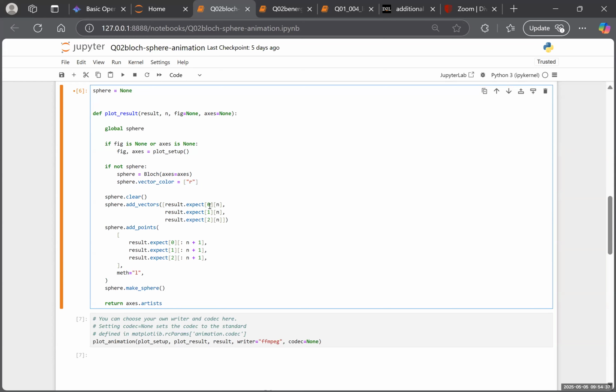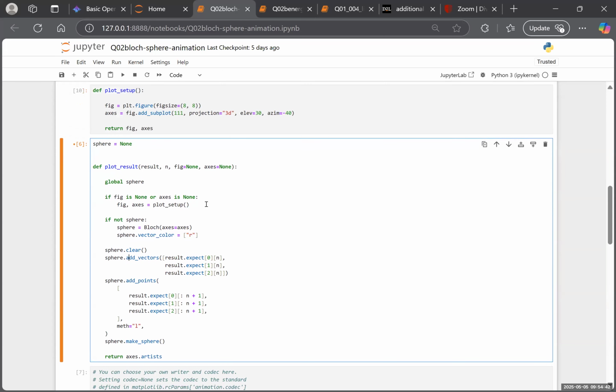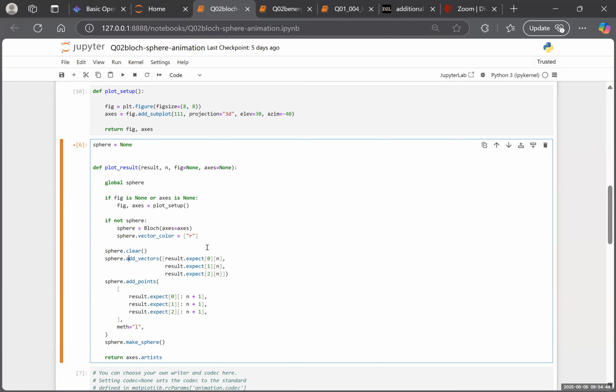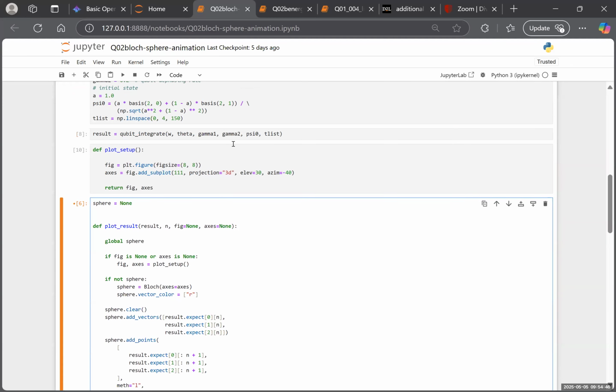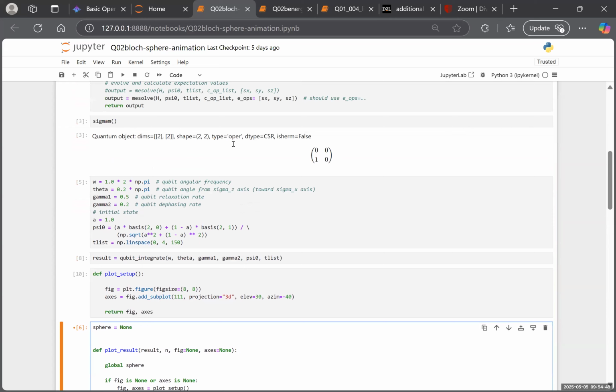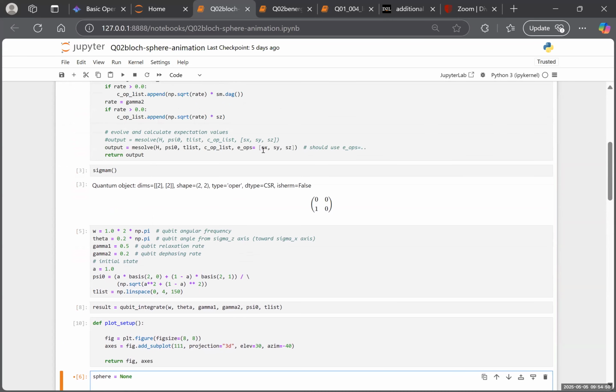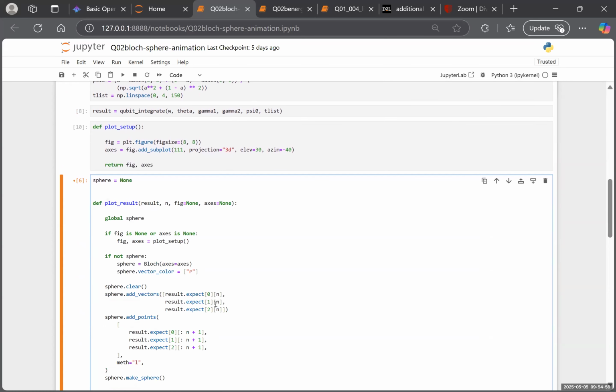So this is the expectation value that we have, right? So we have a list of C up. So 0 is sigma x, 1 is sigma y, 2 is sigma z. Okay. As different n's are the different time steps. Okay, and then this is adding the vector.